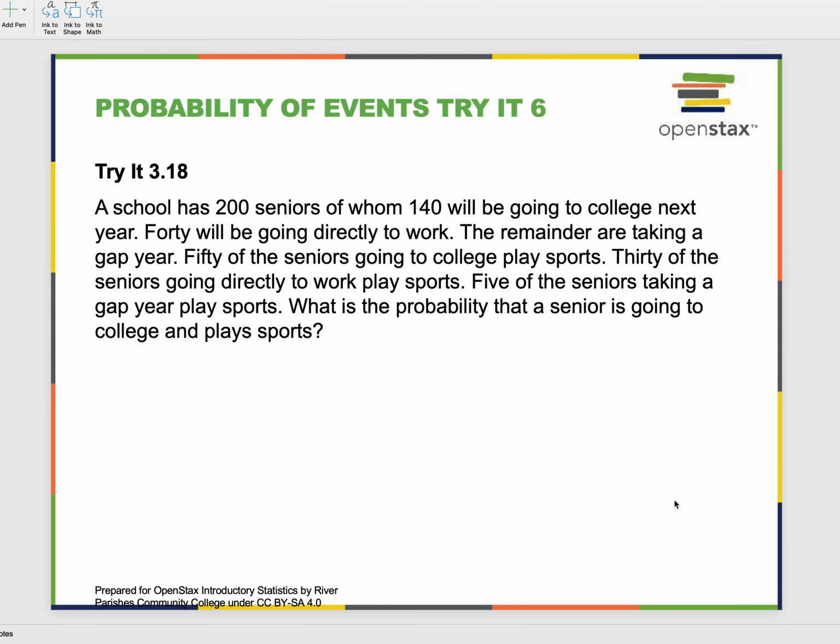Okay, so what do we have? We have 200 total. We have 140 college. We have 40 going to work. We have 20 in gap.